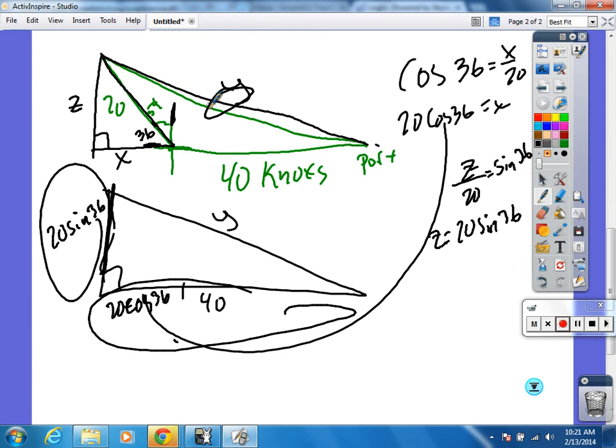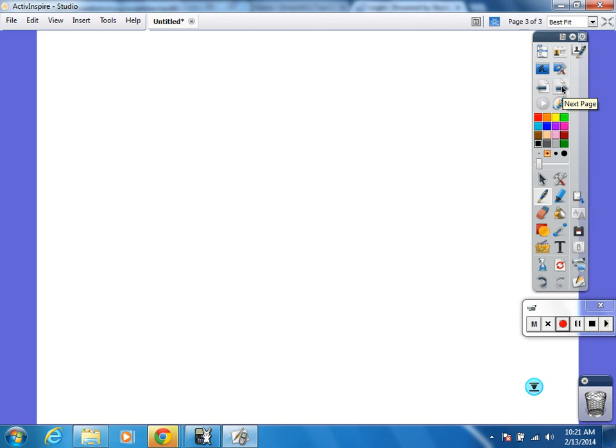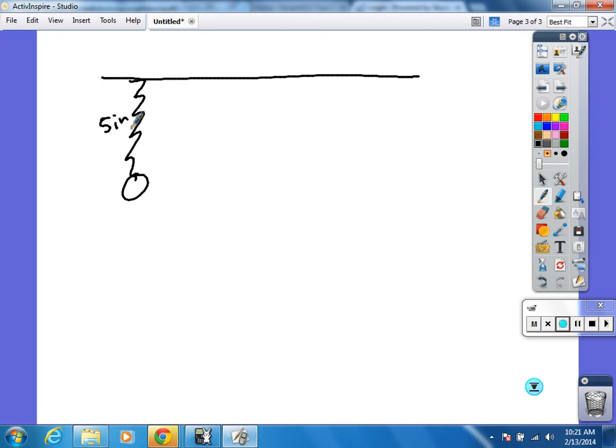Okay? So, a spring. If it's just normal, let's say here it's hanging off of something, right? So normally a spring just likes to sit underneath this. Let's say it's 5 inches away normally.